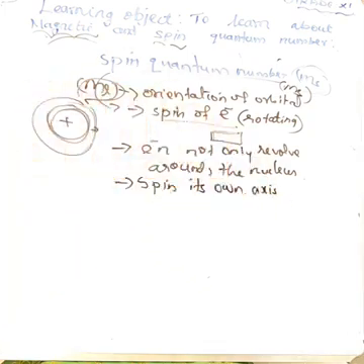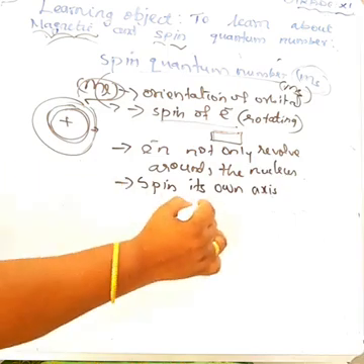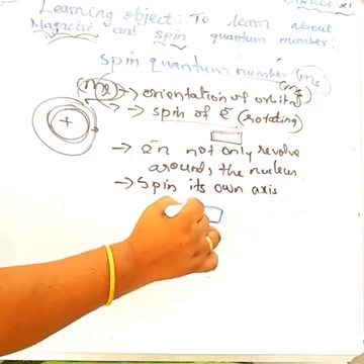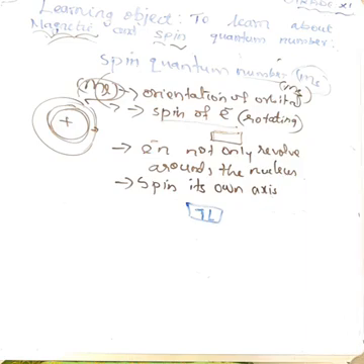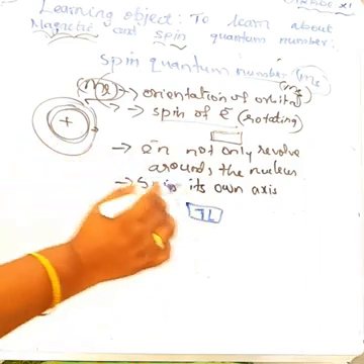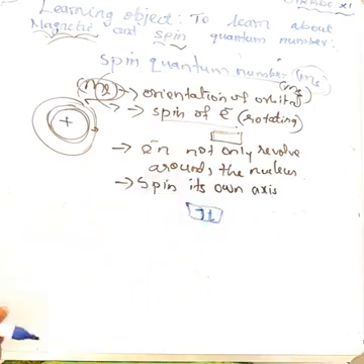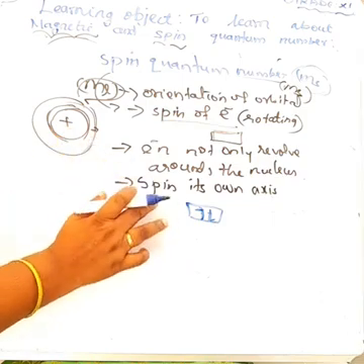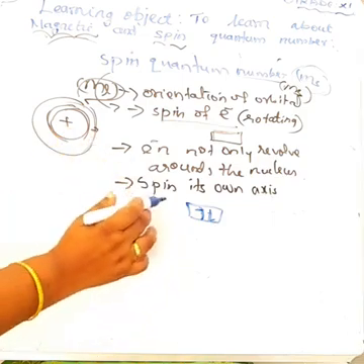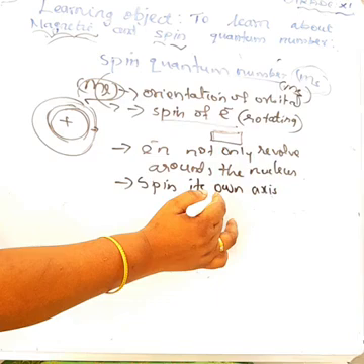You know, each orbital has two electrons. These two electrons revolve around the nucleus, but they also spin about their own axis.